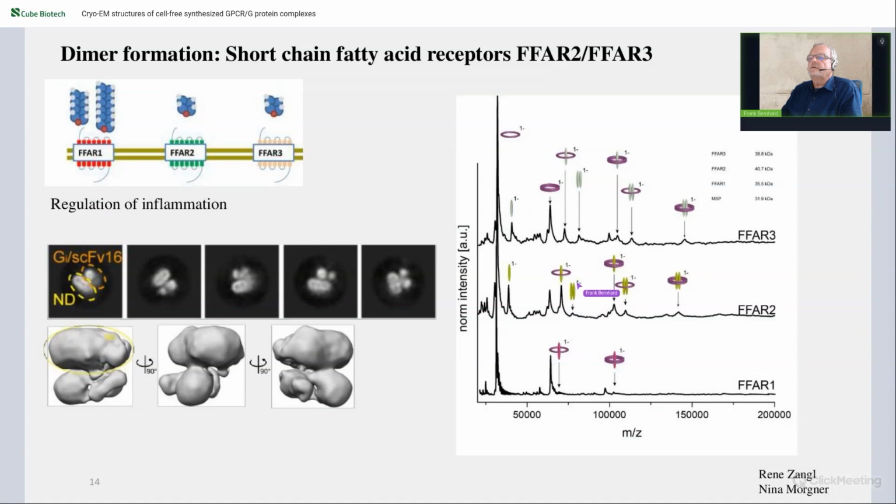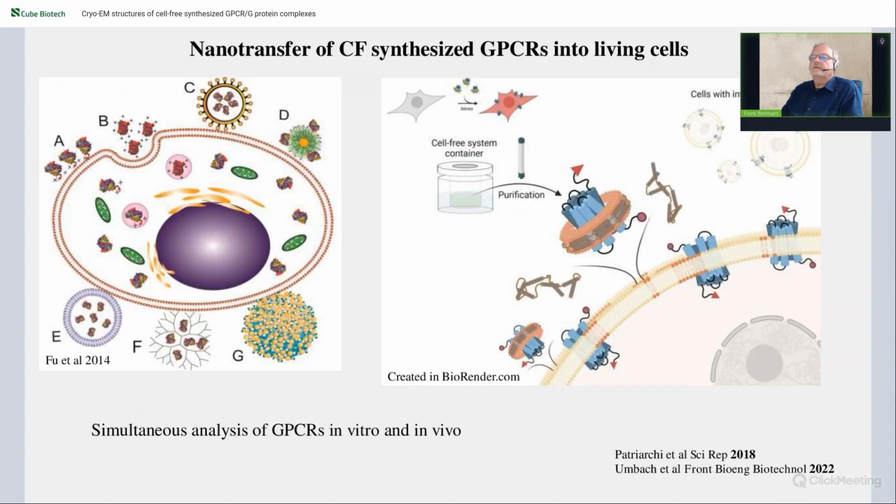And most important, you also see the dimers without any scaffold protein, here for the FFA2 receptor, here for the FFA3 receptor. This proves basically that we have real dimers and not artificial dimers somehow induced by contacts to the scaffold protein or by anything else of the nanodisc complex.